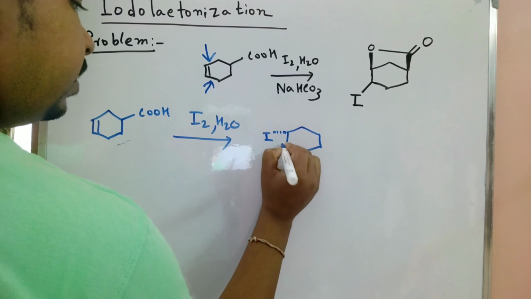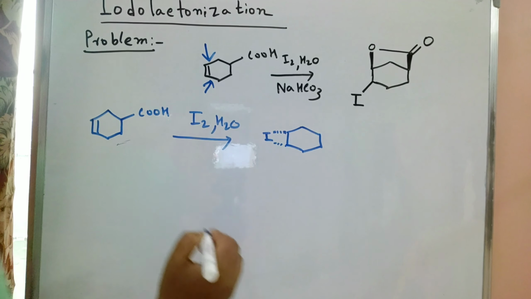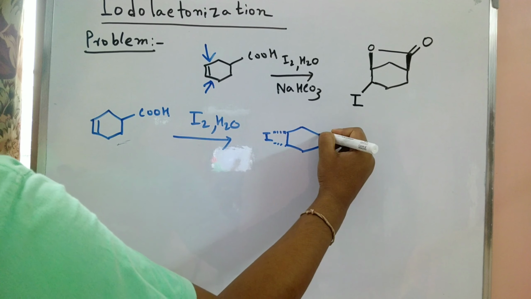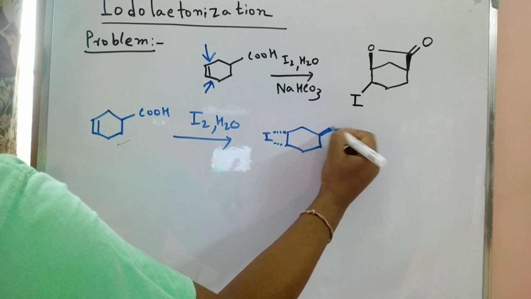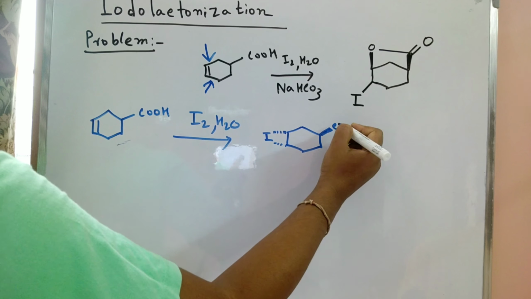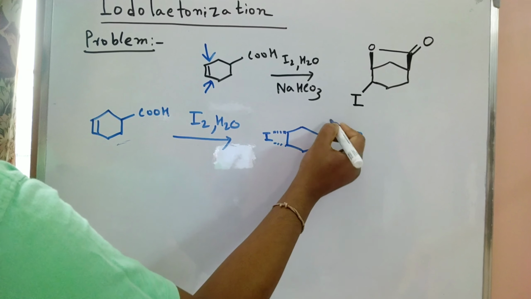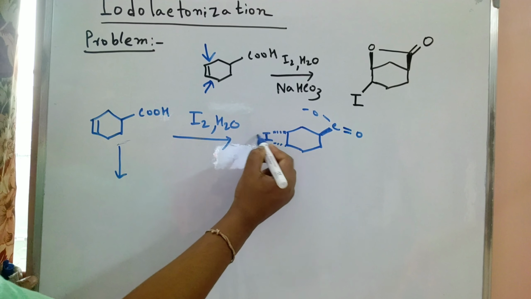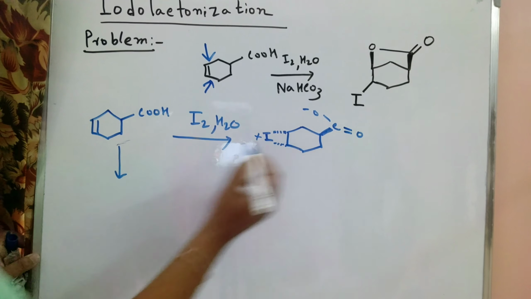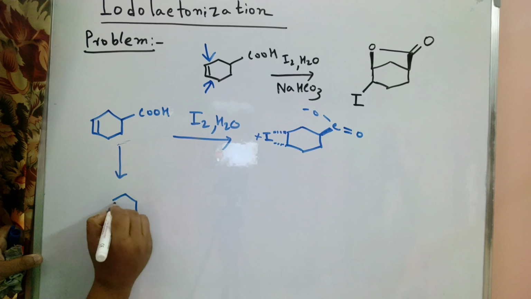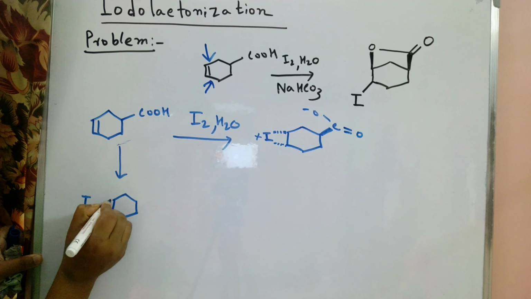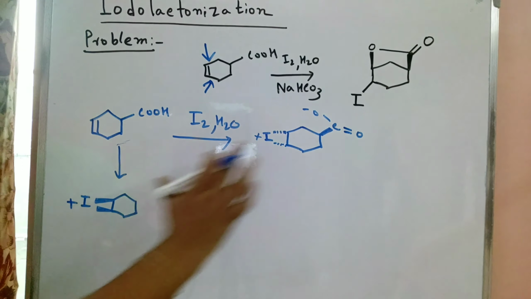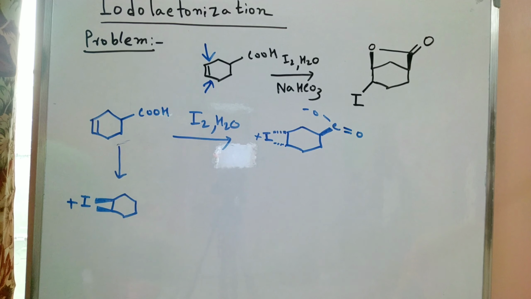This one forms the iodonium ion, and COOH is present on that position, CO minus, and this iodine here is downside, and the structure is also possible from the upside of iodine. It can be possible. Here two possibilities are present.